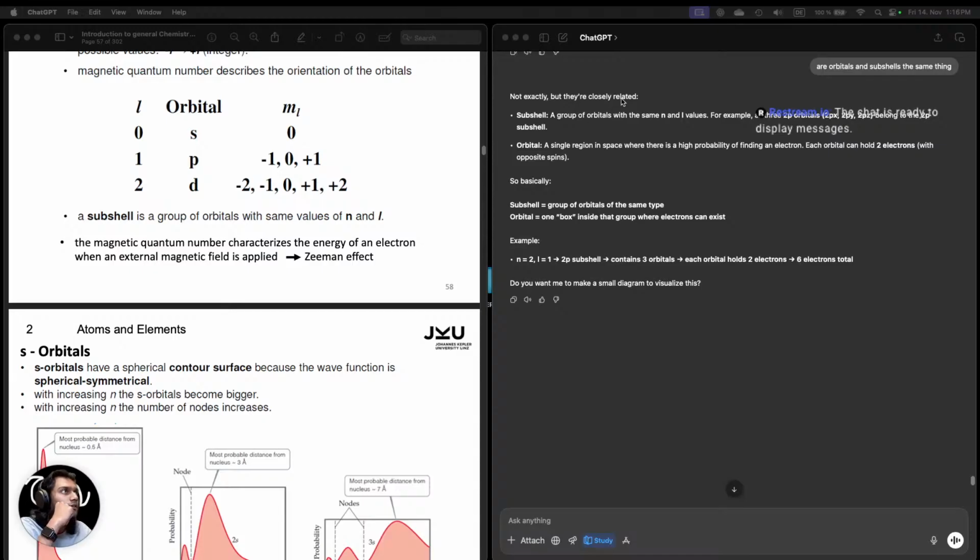Not exactly, but they're closely related. A subshell is a group of orbitals. An orbital is a single region where there's high probability of finding an electron.